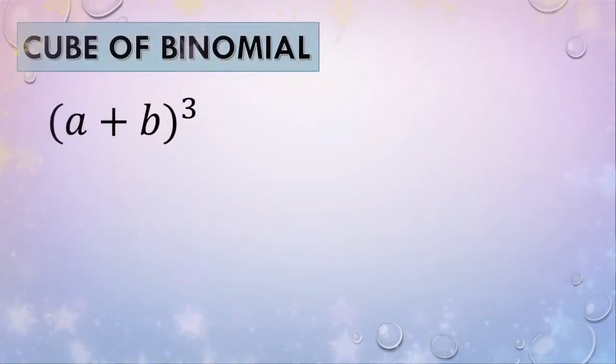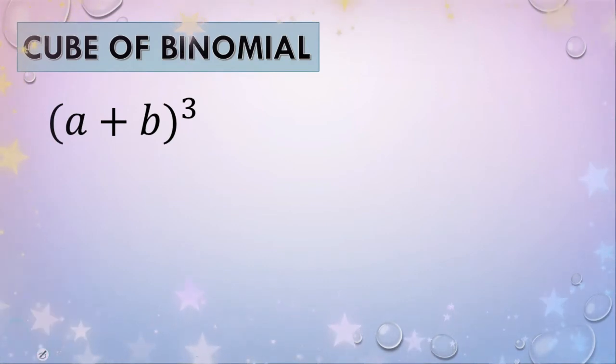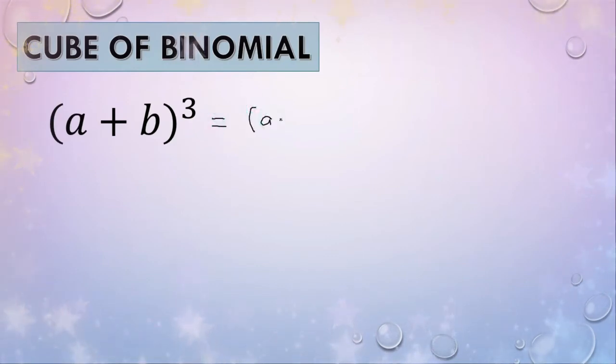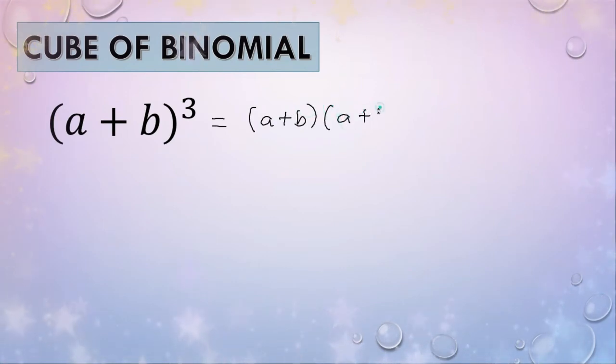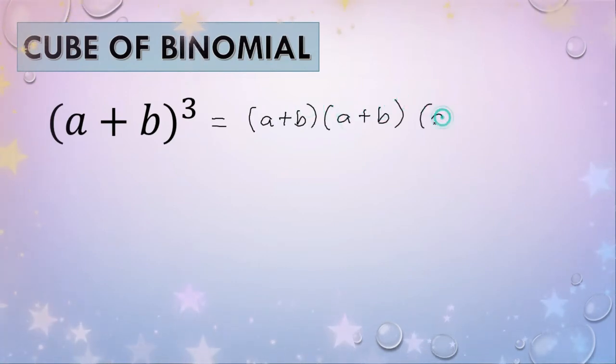We get the pattern by this long method. So if we're going to cube the binomial, it means that we're going to multiply that binomial 3 times by itself. So it is equal to a plus b times a plus b times a plus b.